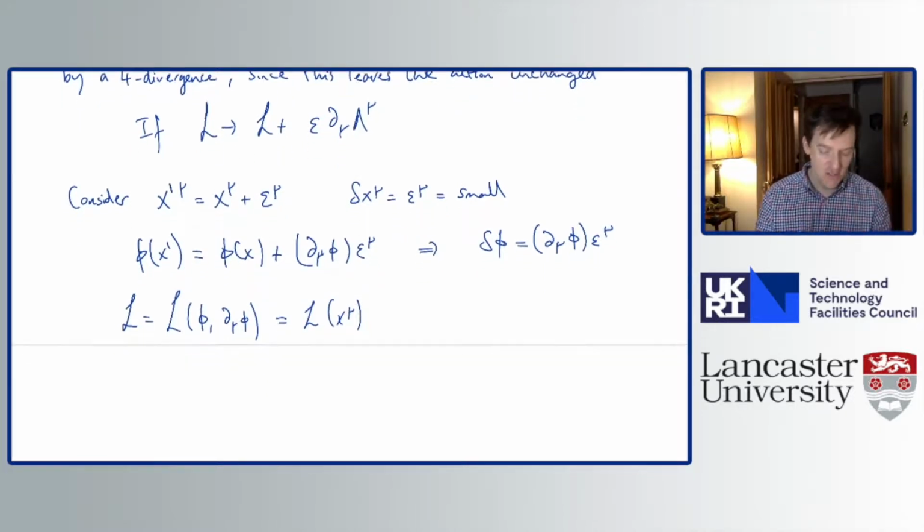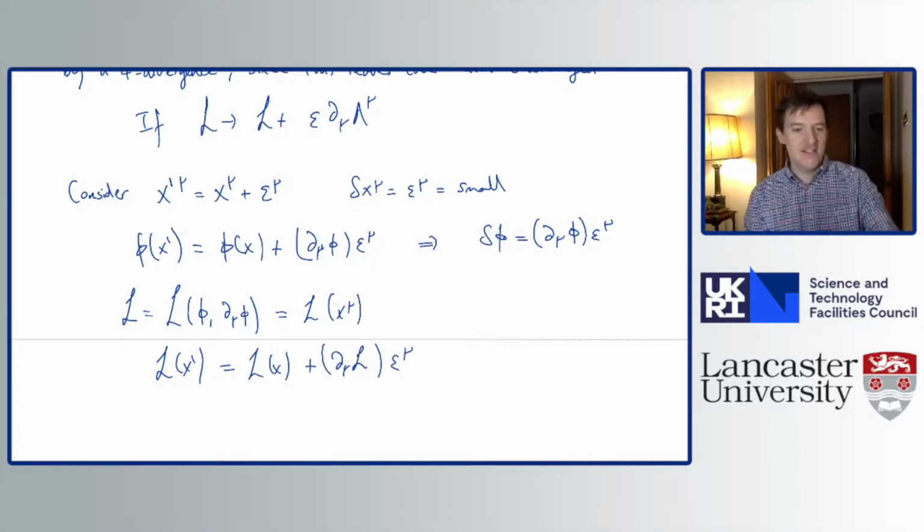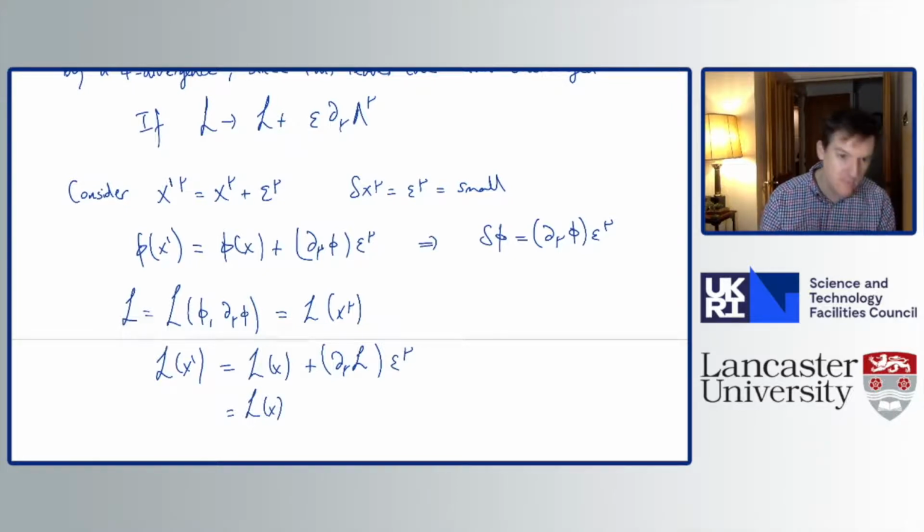So if I consider how L changes under this transformation, L has exactly the same transformation as my real scalar field, but I replace phi with L. Let me rewrite this slightly. I'm going to change this second term slightly and write it in the following way.